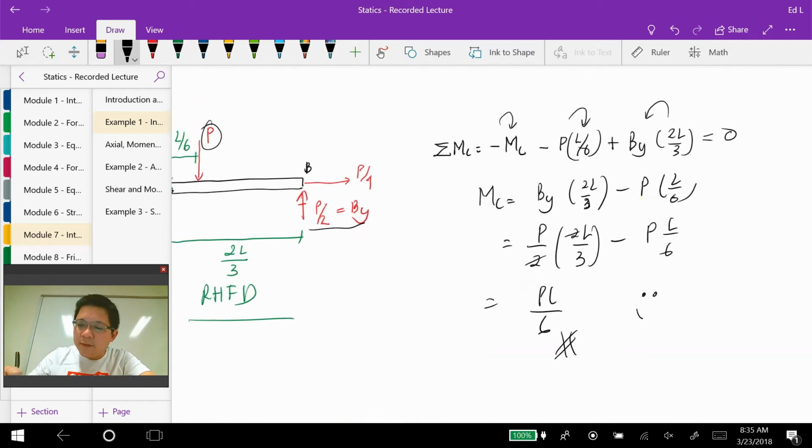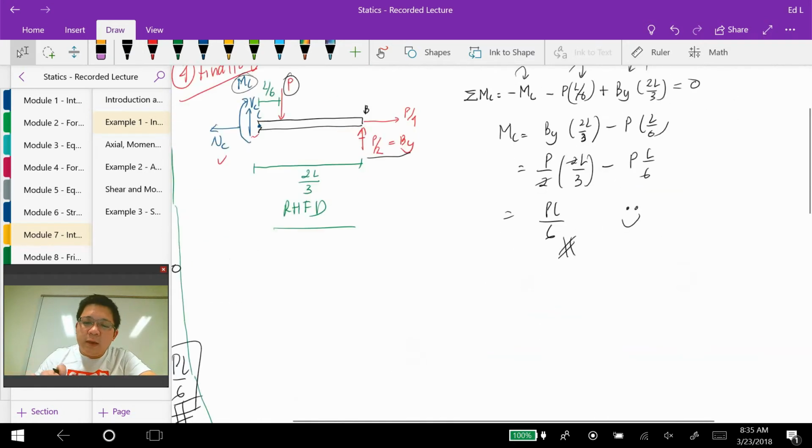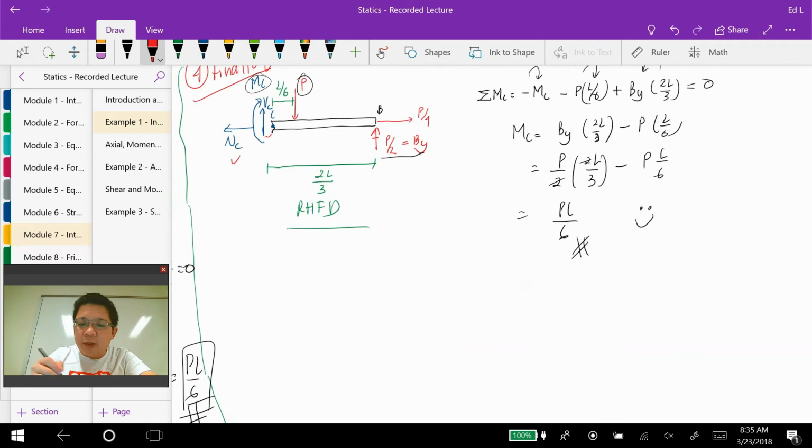So we are happy. And we continue with calculating VC, the shear at C, by doing the sum of the forces in the Y direction. We can write VC positive because it's going up, and then negative P going down, and then positive BY because BY is going up.